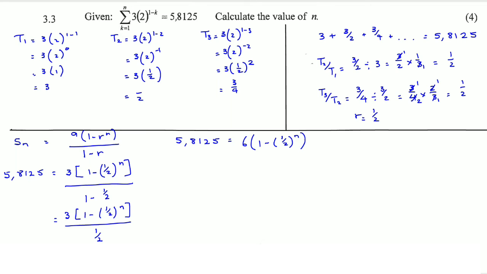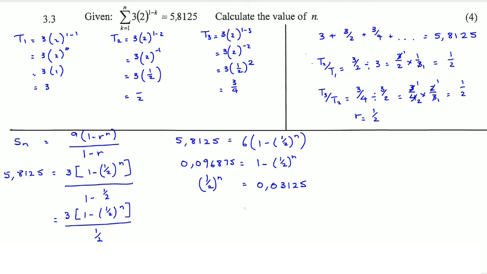We can divide both sides by 6, and that gives us 0,96875 is equal to 1 minus half to the n. Now we can bring half to the power n to the left hand side, and that's equal to 1 minus 0,96875, which gives us 0,03125.